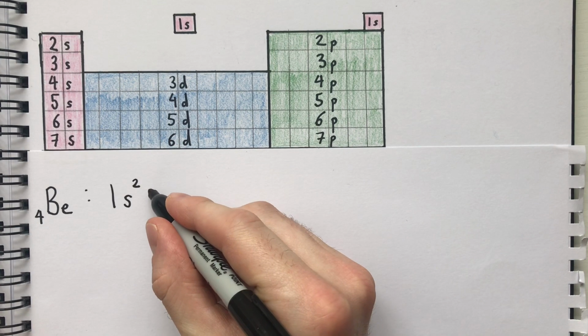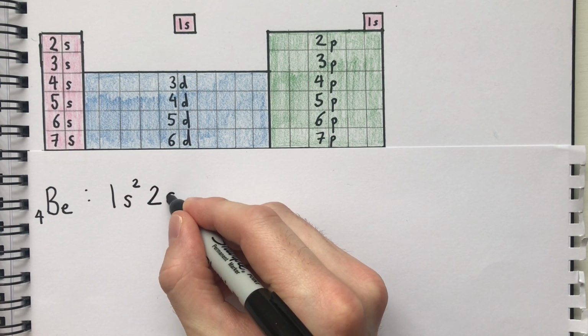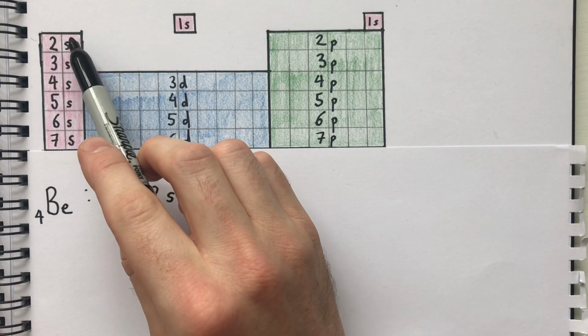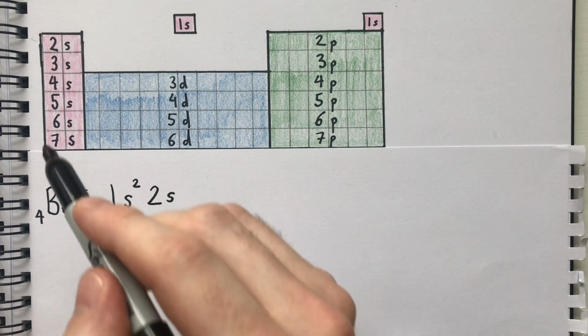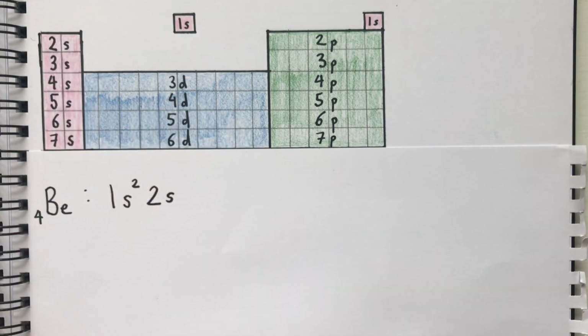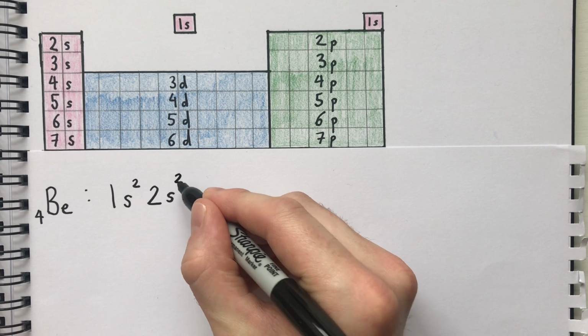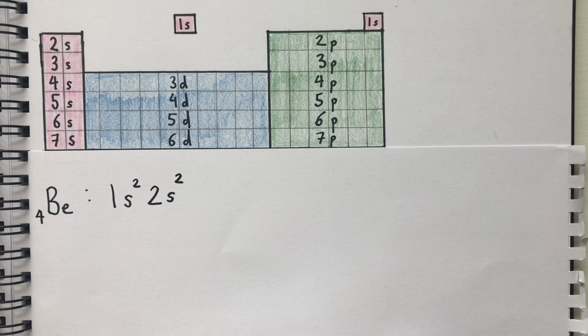So 2s is next. Now beryllium is just here, which means that 1 electron for 2s, 2 electron for 2s. So 2s is now full, but that's the end of the electronic arrangement for beryllium. 2 plus 2 is 4, same as the atomic number, therefore it helps us to show it's right.